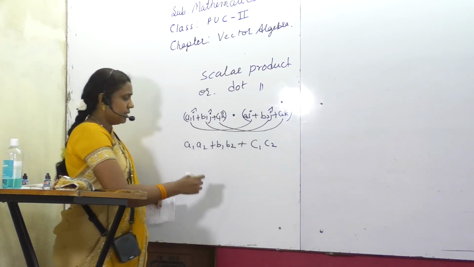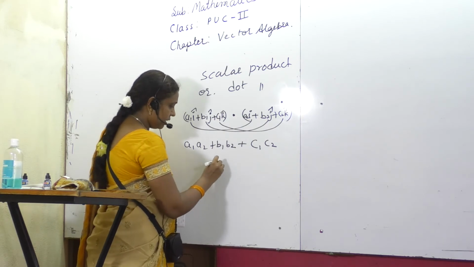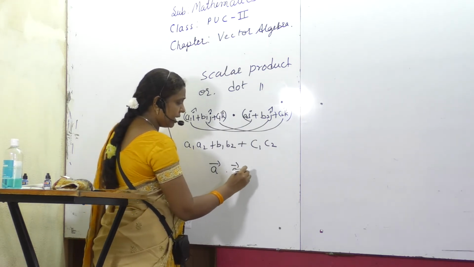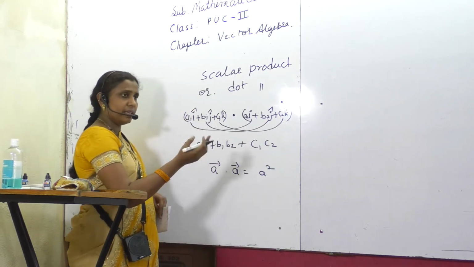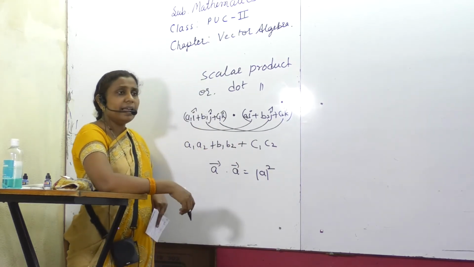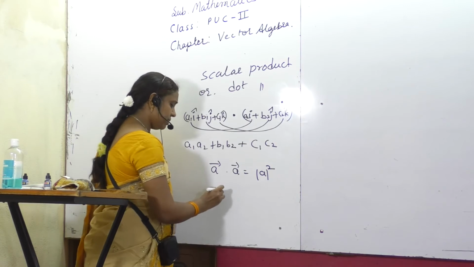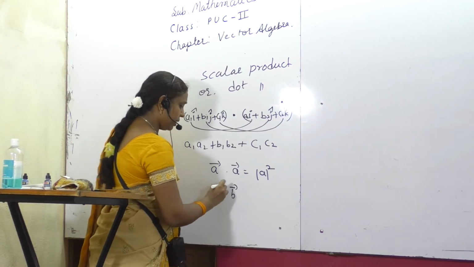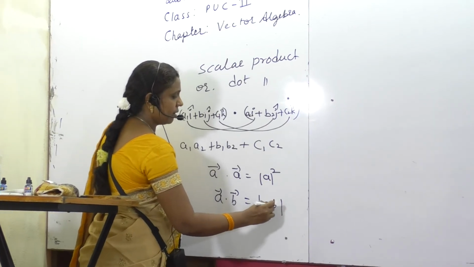Now based on this, one example we are going to solve. But let me make you understand. If it is a dot a, we just write a square, we write a into a is a square. The same way it is length a square, magnitude a square. Suppose if it is a dot b, we write length ab.